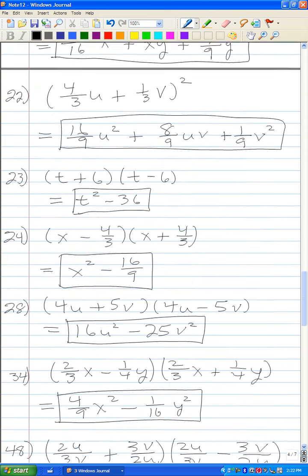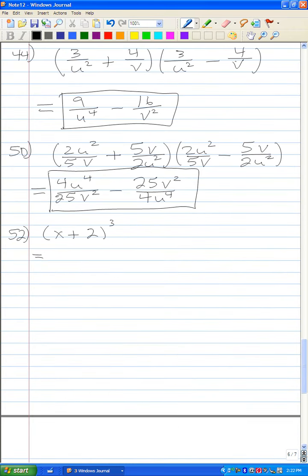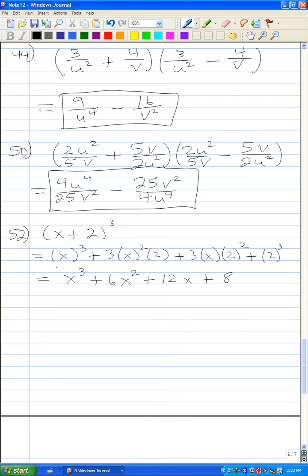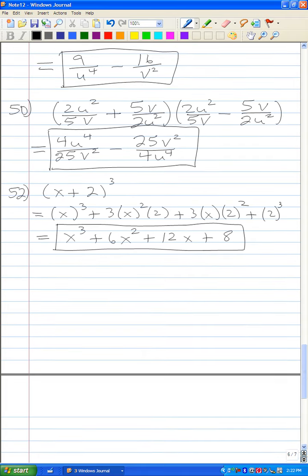It's the first term cubed plus 3, first term squared, second term, plus 3, first term, second term squared, plus second term cubed. And so this is equal to x cubed plus 3 times 2 is 6, x squared, plus 2 squared is 4, times 3 is 12, x, plus 2 cubed is 8. And that is your answer. Let me do problem number 56.